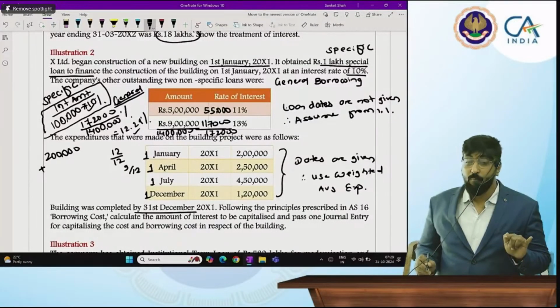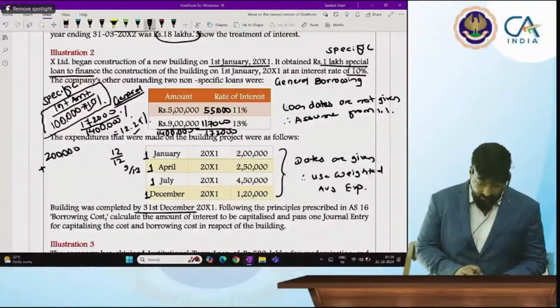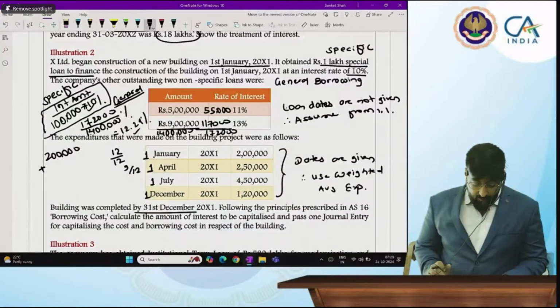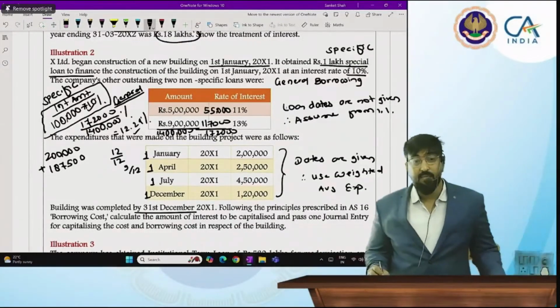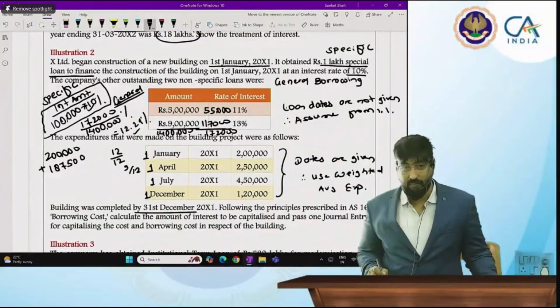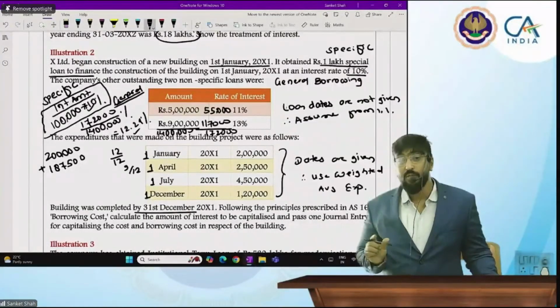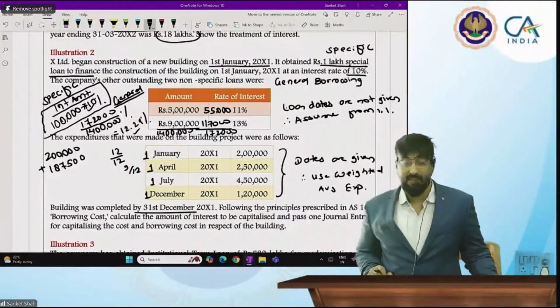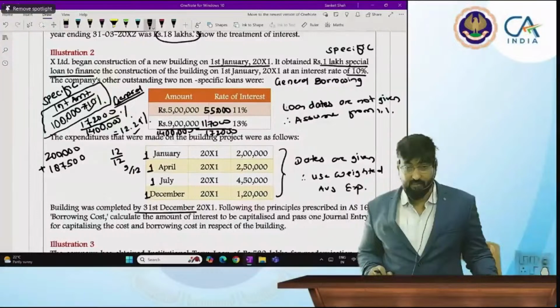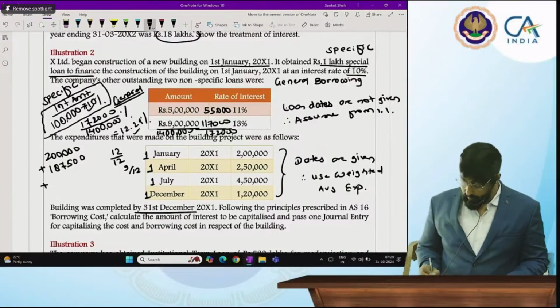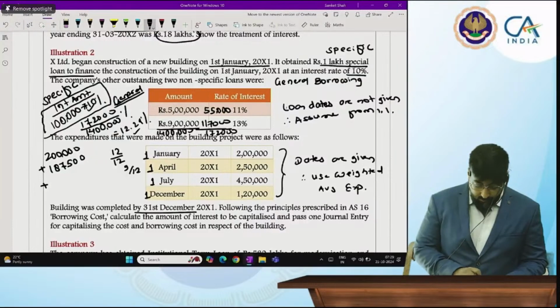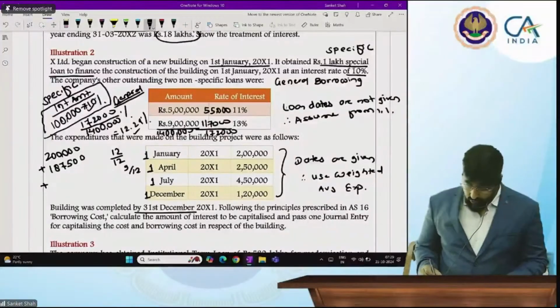So for 12 months, 187,500. 9 months के लिए 2,50,000 है. So I have to convert it for 12 months, so it will be 187,500. 4,50,000 for 6 months, into 6 by 12.